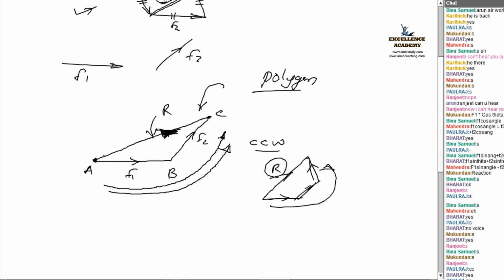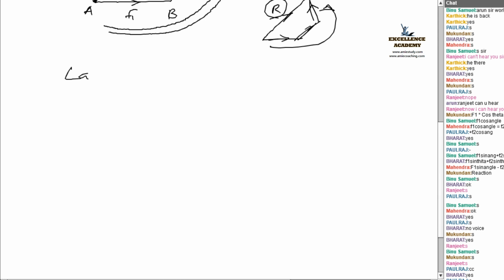Then one more thing is also there, that is called Lami's theorem. Say this is a body and a lot of forces are acting on that body, say 1, 2, 3. Say 3 forces are acting on a body like this.